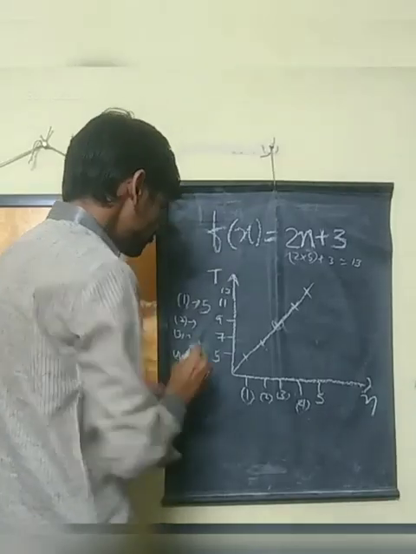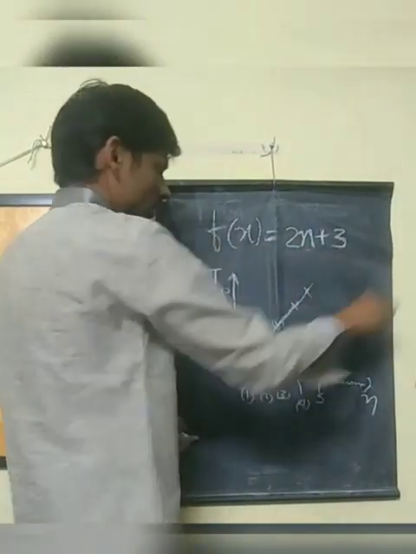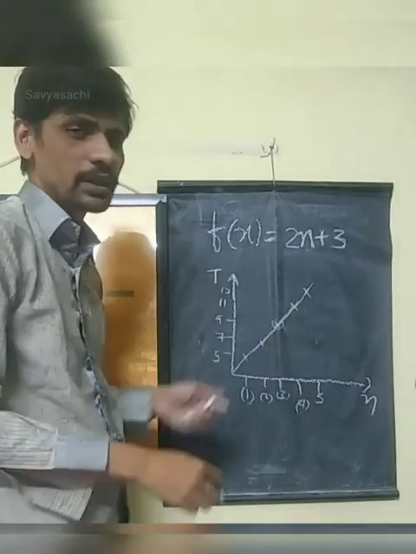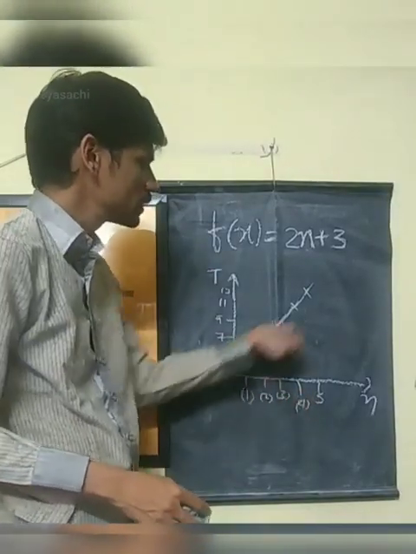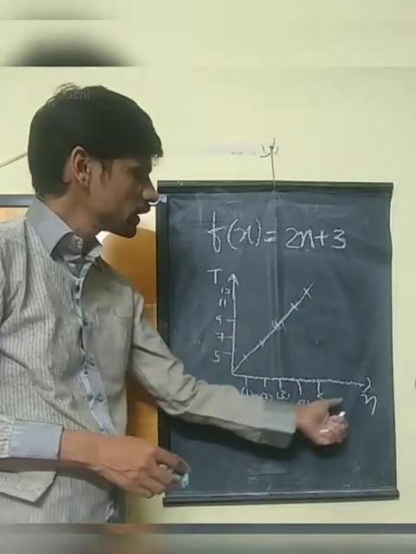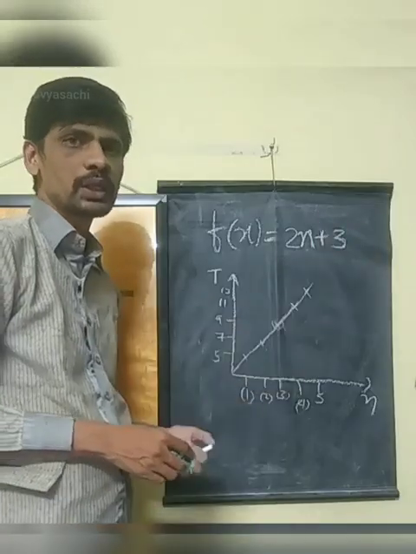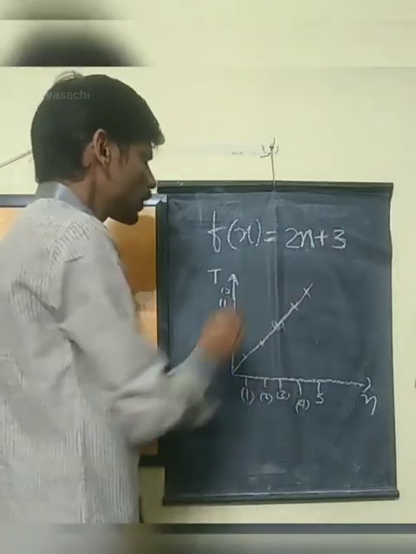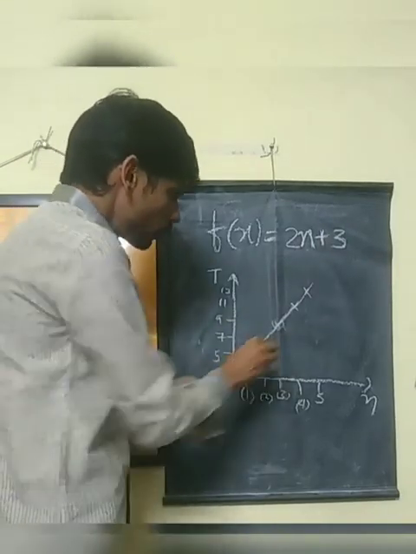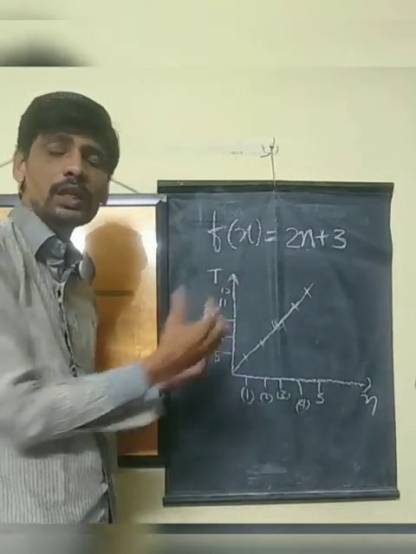So now we have plotted this function in n and t. For the given inputs, this is the graph I am getting. If I increase input n, my graph also grows like this. Now what we will do is try to find another function.